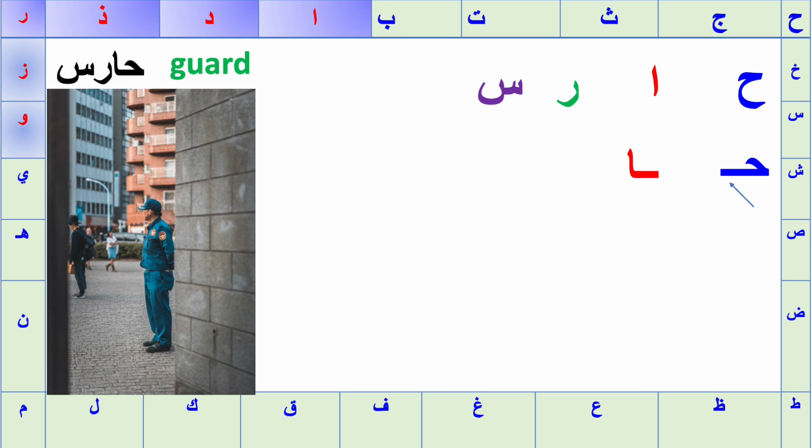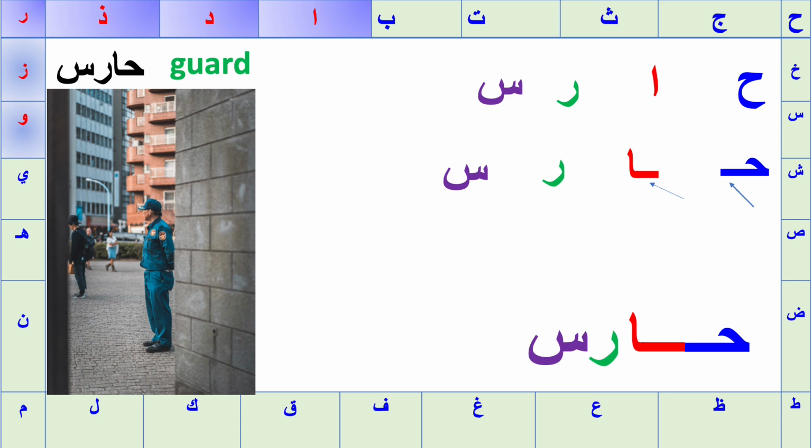The alif will extend to the right to join the ha. Then the ra can only extend to the right, but the letter to the right will not really join because it is able to join only to the right as well, but not to the left. Then we have the final letter, sin: haris. Then the final written form will be this one: haris.